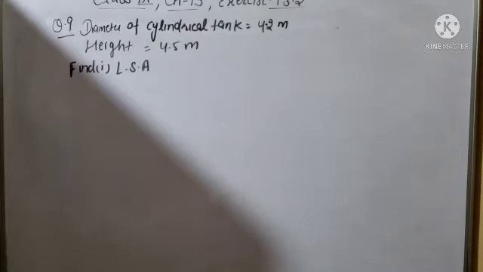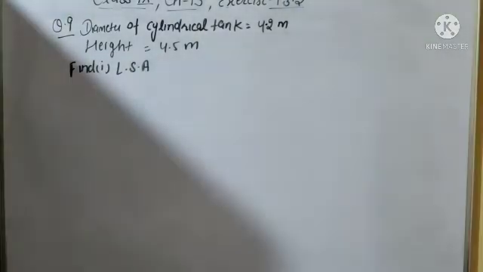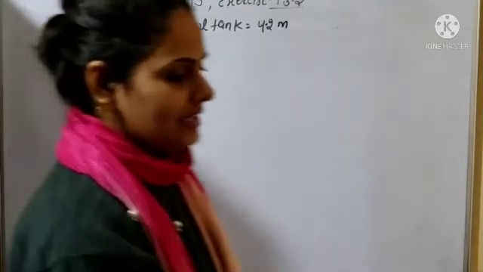Next question number 9. Diameter of the cylindrical tank is given 4.2 meter and height is 4.5 meter. First find the lateral surface area. So simply diameter is given, height is given.